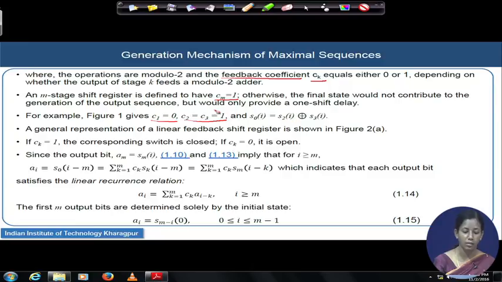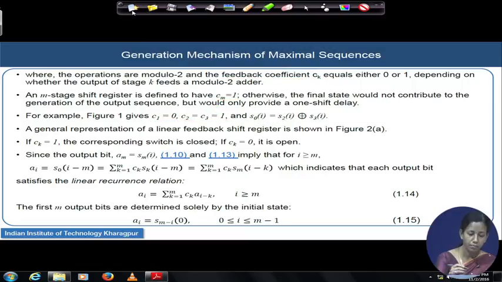If the C3 value at the last stage is not 1, try the exercise at home. You will see that the final output is just a shifted version, and there is no contribution of that final stage in the generation of the code.